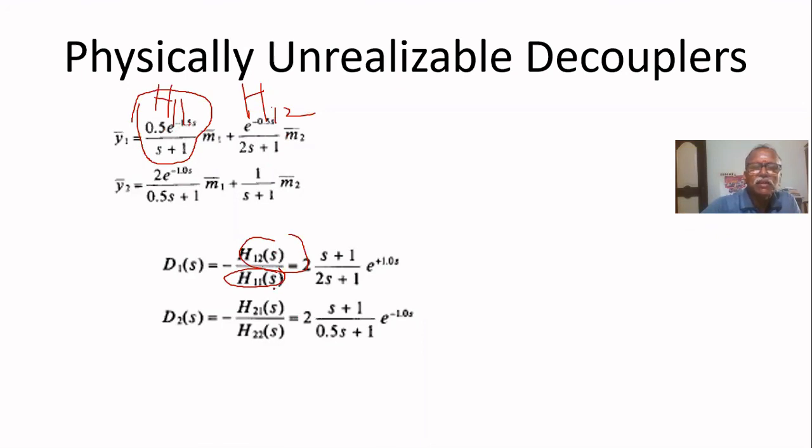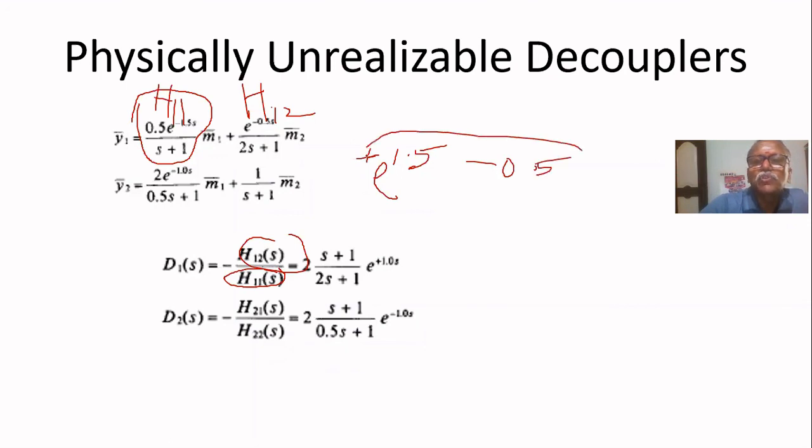If it goes to the numerator, it becomes e power plus 1.5, and H12 already has minus 0.5.